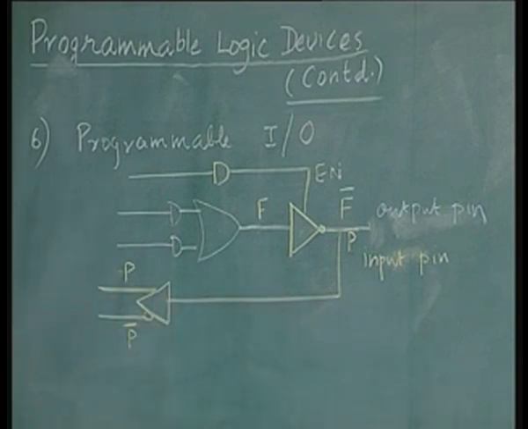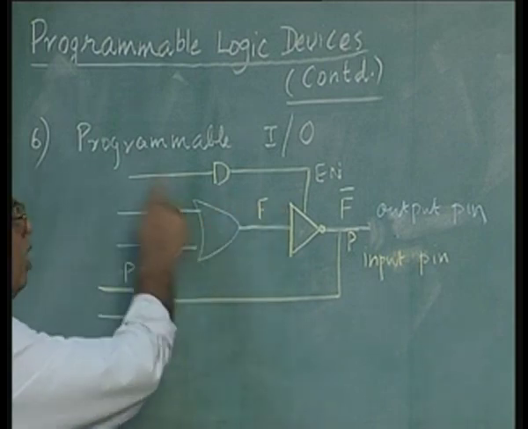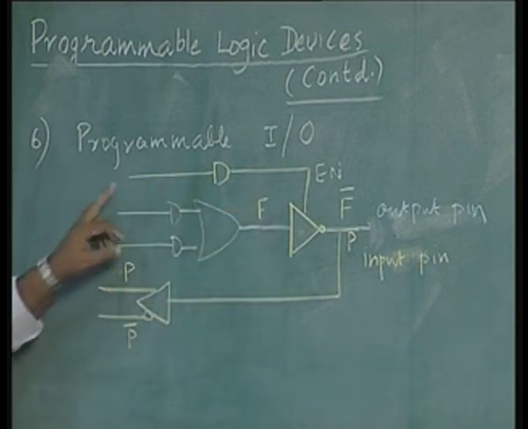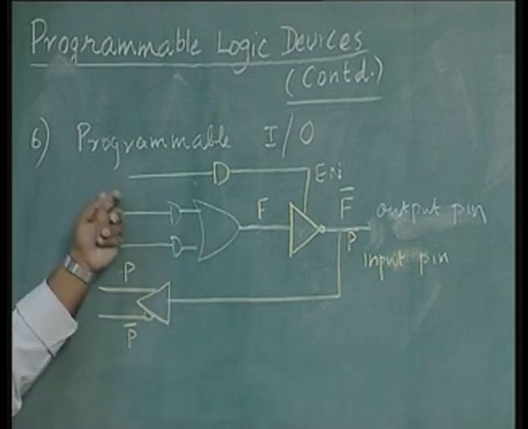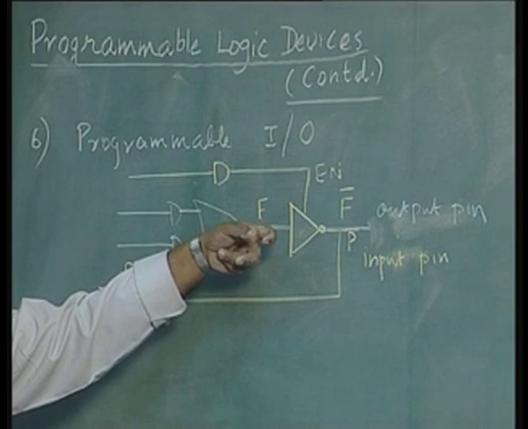This is called programmable I/O, and this enable need not always come through the logic function, because sometimes I know I want only 5 inputs and 5 outputs. There are a total of 8 outputs available, so there are 3 redundant outputs I know for sure in the beginning. So, I am going to disable these 3. There is no point in making a combinational logic to disable them every time.